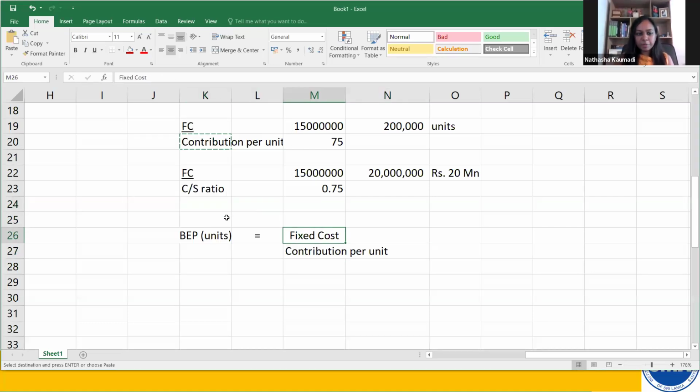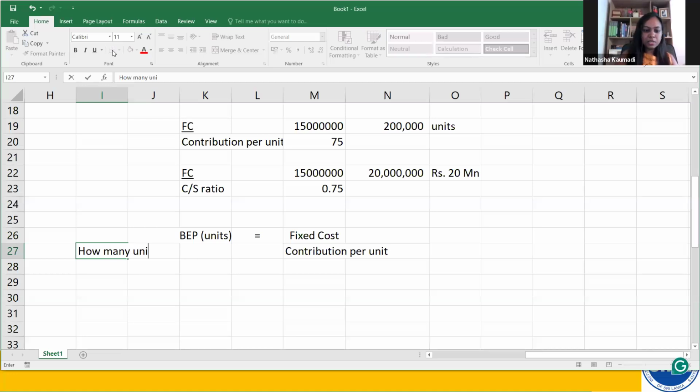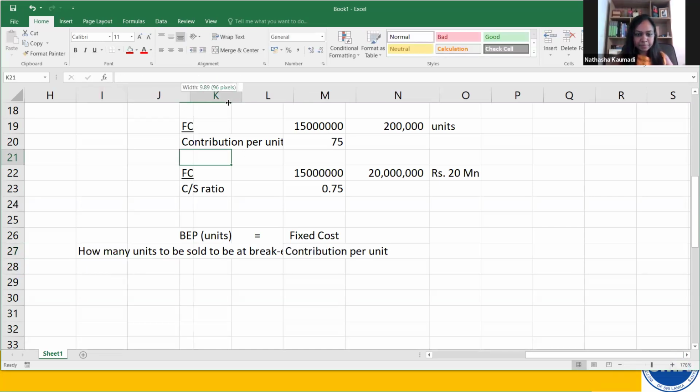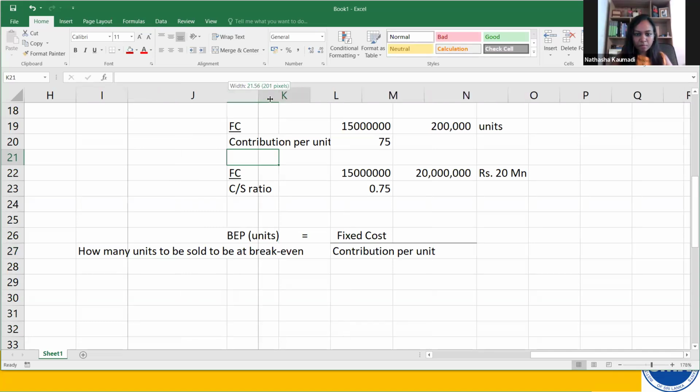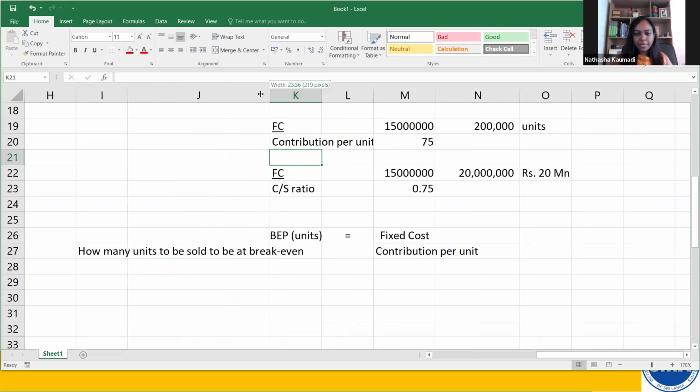Now, when you calculate the break-even point, what is the interpretation again? How many units to be sold to be at break-even. This is the meaning. Are you clear?